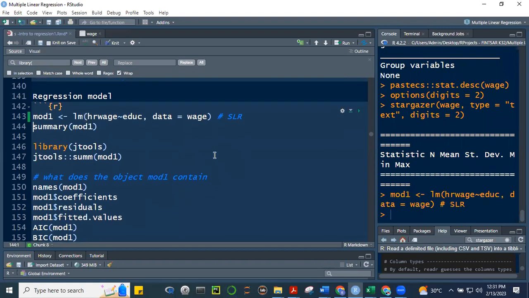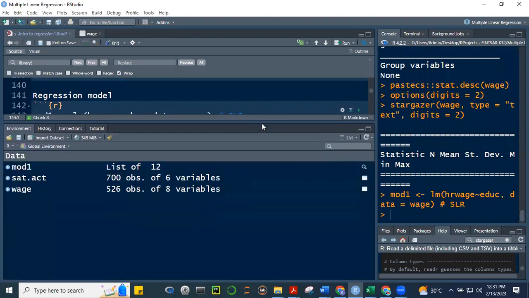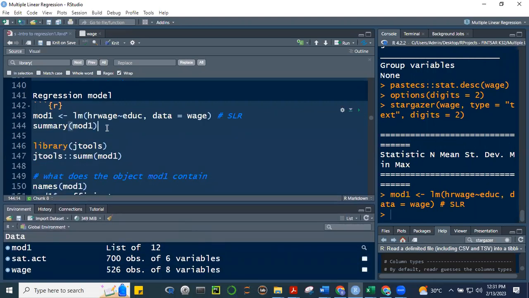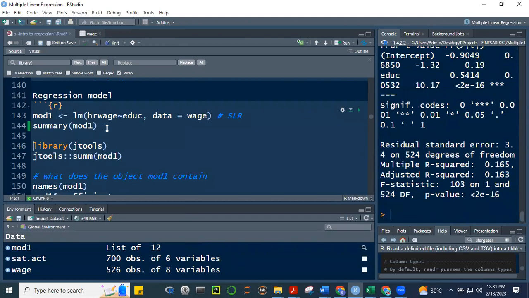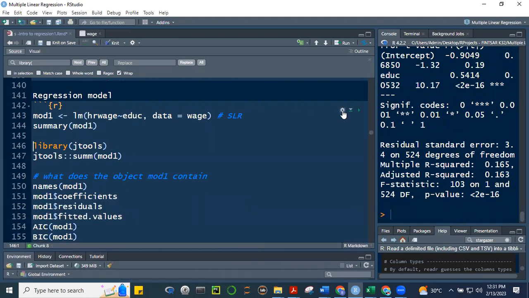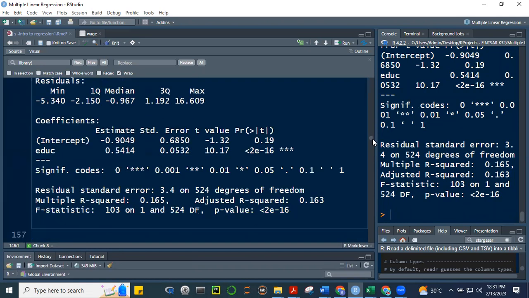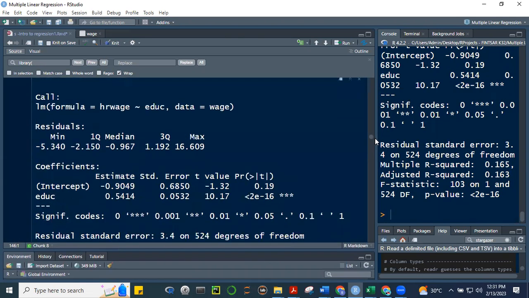If we run this, you will now see that we have an object here called mod1, and this mod1 is a list. And if I use the summary of mod1, let's run this. We now have our first output for a linear regression.